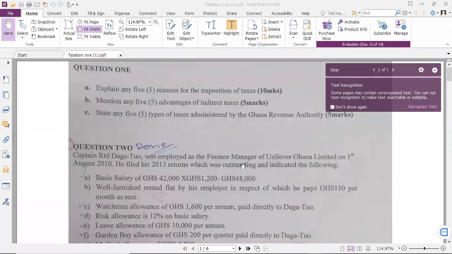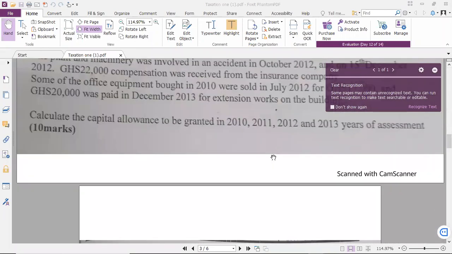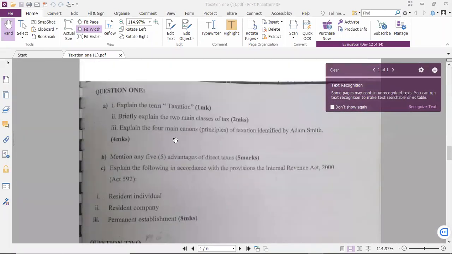You have also been taken through that. So state 5 types of taxes administered by the Ghana Revenue Authority. This question is different from the one you have over here. Explain the 2 main classes of tax: the 2 main classes of tax we have are the direct taxes, and then we have indirect tax.